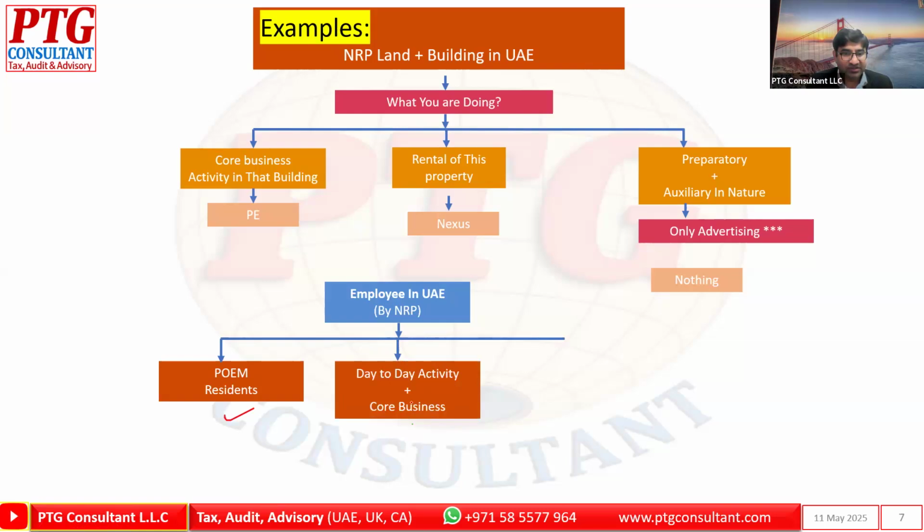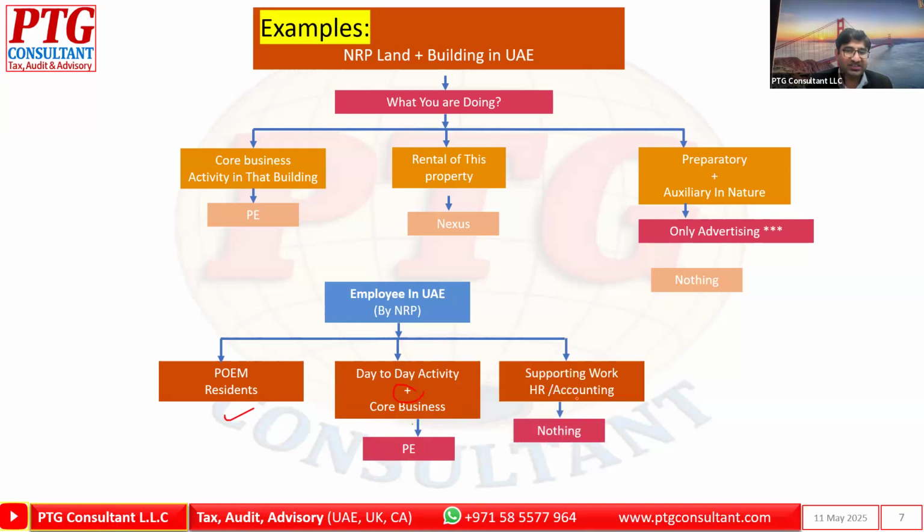Day-to-day activities plus the core income generating activities create a PE. Even an employee can have a supporting role, HR and accounting. There's nothing, it will be out of scope, if you understand it this way, out of scope.